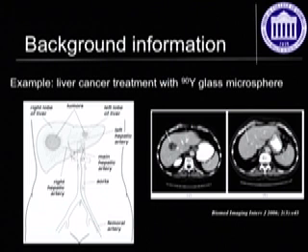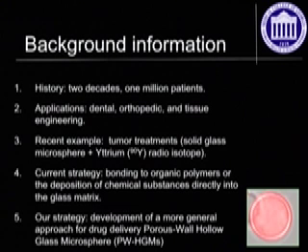That means the glass material can be used safely in applications requiring permanent implantation. In the past more than 20 years, this material has been used for more than 1 million people, mainly in the fields of dental, orthopedic, and tissue engineering.